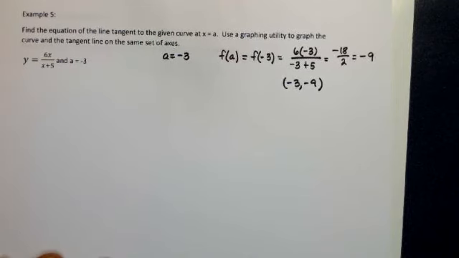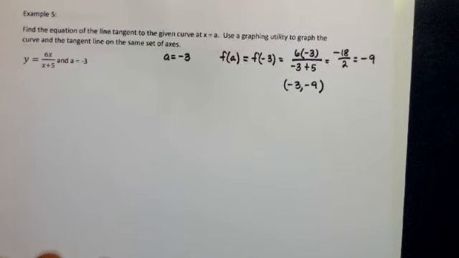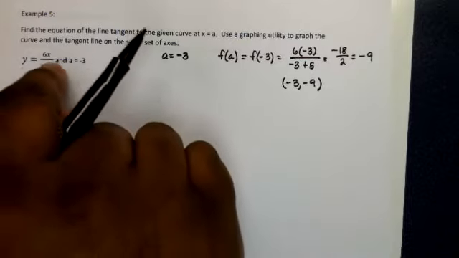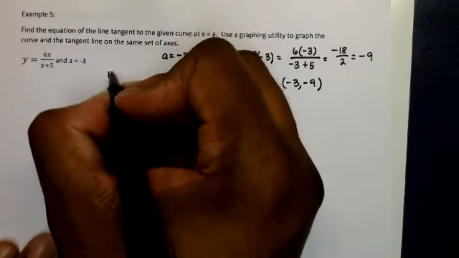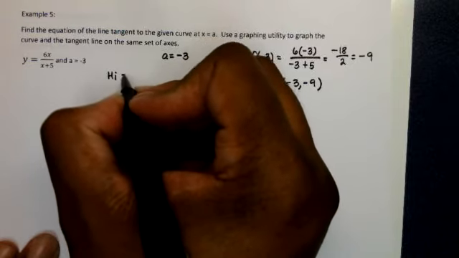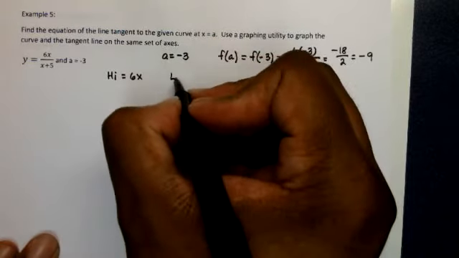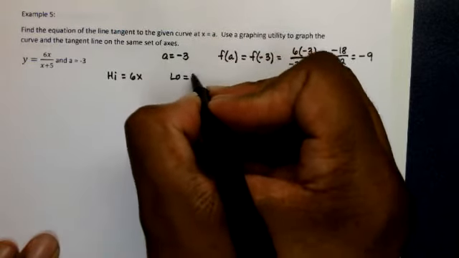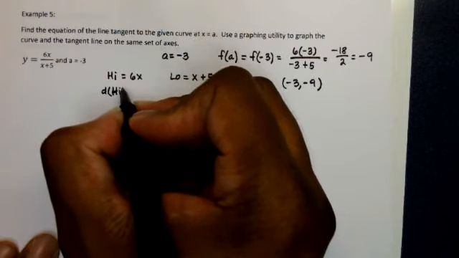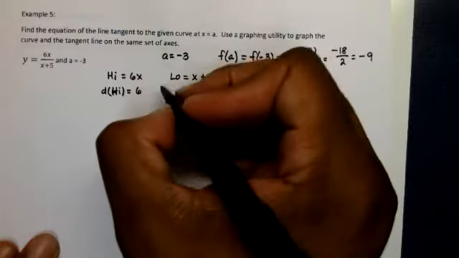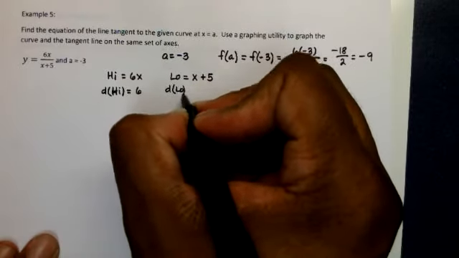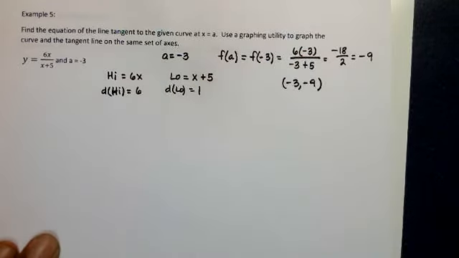But I do need the slope of the tangent line. That's where I use the quotient rule for this problem right here. So here, the high is the numerator, 6x. The low is the denominator, x plus 5. The derivative of the high is just 6. And if the low is x plus 5, your derivative of your low would be 1.